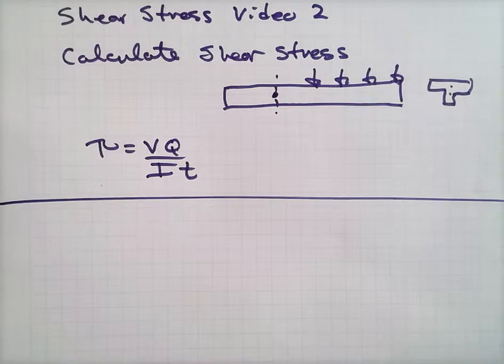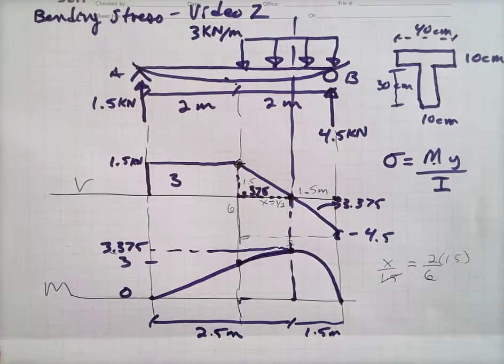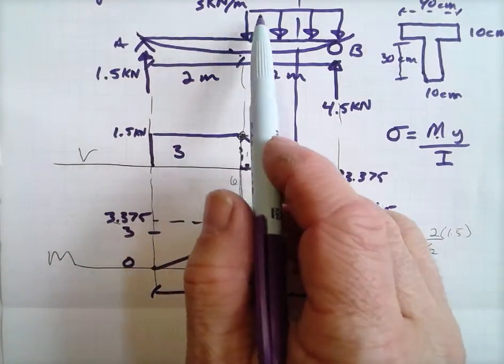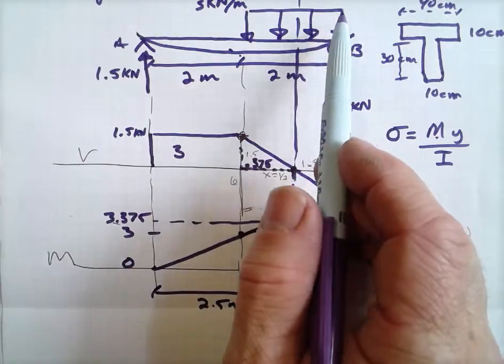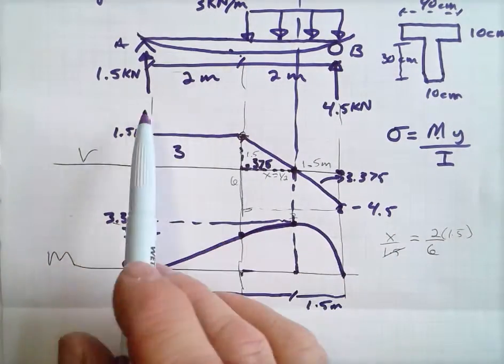So the other day, in one of our previous videos, we had a beam that was loaded like this. It had a 3 kilonewtons per meter distributed load, 4 meters long, 2 meters and 2 meters.